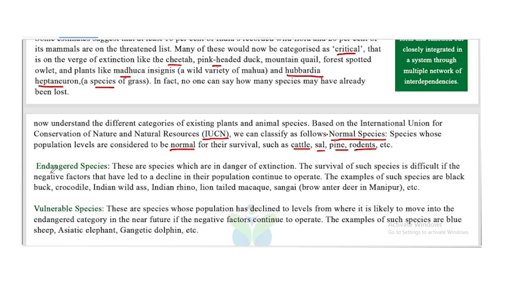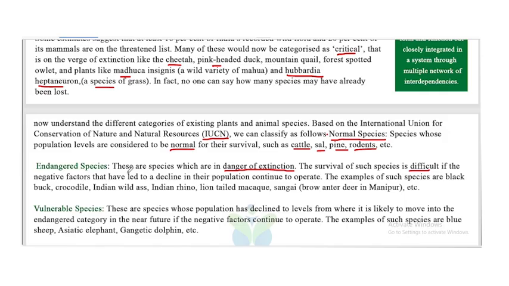Now the second one is endangered species. These are species which are in danger of extinction. The survival of such species is difficult if the negative factors that have led to a decline in the population continue to operate.